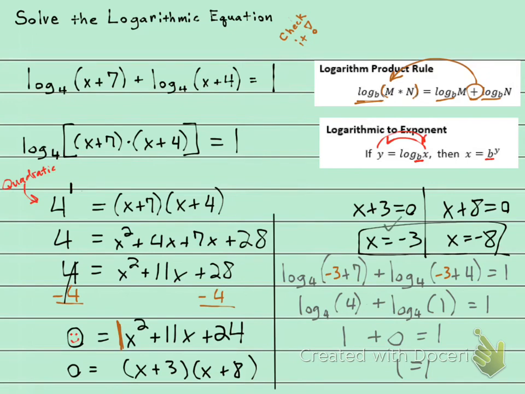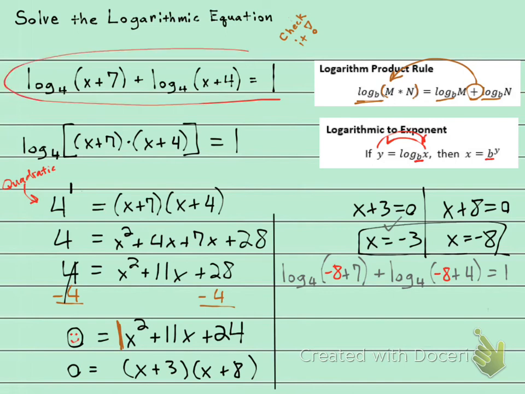Now, let's plug in the negative 8. Instead of x, I'm going to plug in negative 8 everywhere I see an x, from my original equation up here. So now I have the log base 4 of negative 8 plus 7, which is negative 1.